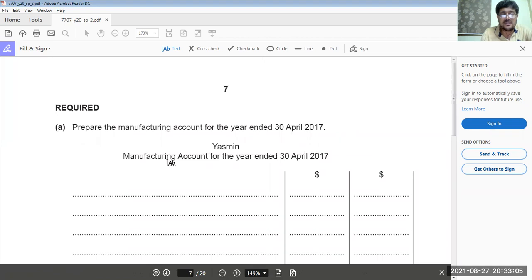Now we have to make the manufacturing account. Manufacturing account starts with work in process. Opening, first May 2016. That must be given in the question.